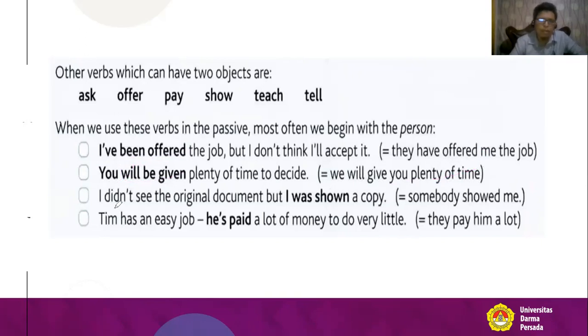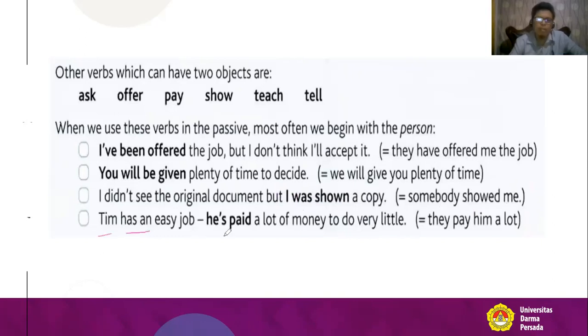I didn't see the original document, but I was shown the copy. So we have was and then shown. This is the pattern of the passive, and we are focusing on the person. Somebody showed me the copy. So I was shown the copy.